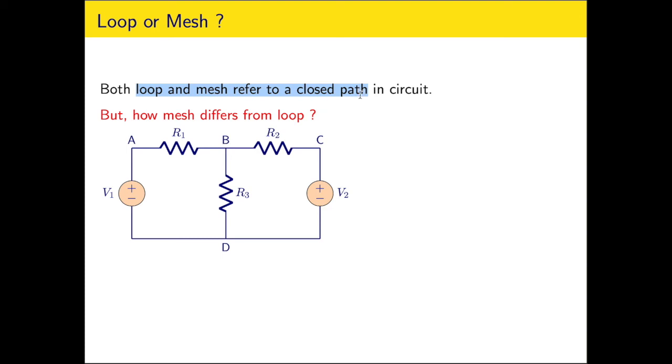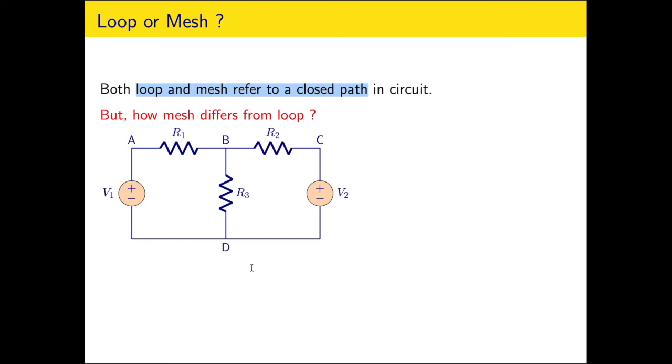Now both the loop and mesh refer to this closed path, but there is a difference. This difference has to be understood first. It is explained with the help of a simple diagram with labels A, B, C, D, just to suggest the path movement.